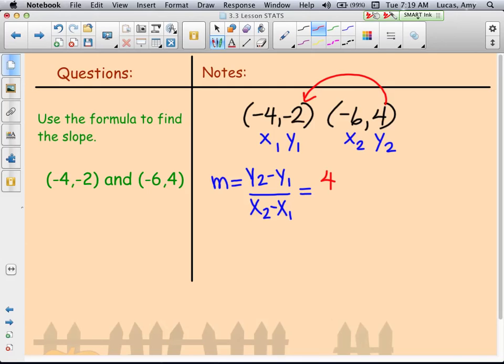On this one, 4 minus -2. Then x2 minus x1 on the bottom. -6 minus -4. What happens on this problem is we get a chunky plus in the numerator and in the denominator. 4 plus 2 is 6, and -6 plus 4 is -2. Simplified, -3 is our final answer.